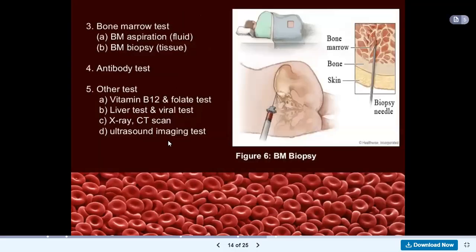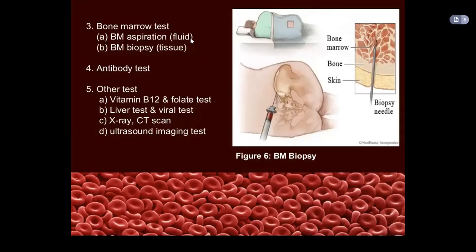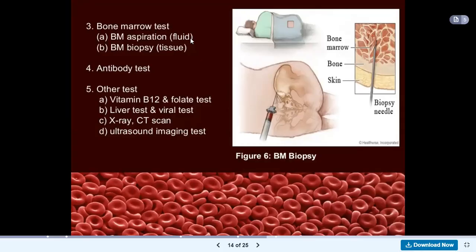Another way to diagnose aplastic anemia is to do a bone marrow test. So you do a bone marrow aspiration. You would find maybe there's some fluid in the bone marrow, so you have to suction that fluid out, or you could do a biopsy of the bone marrow tissue.